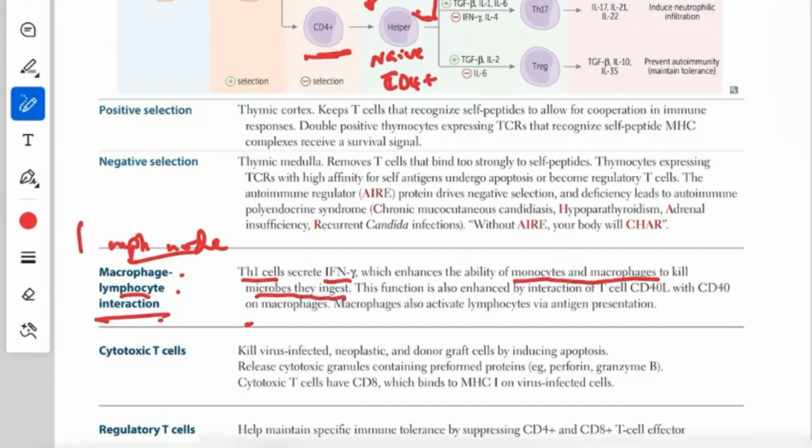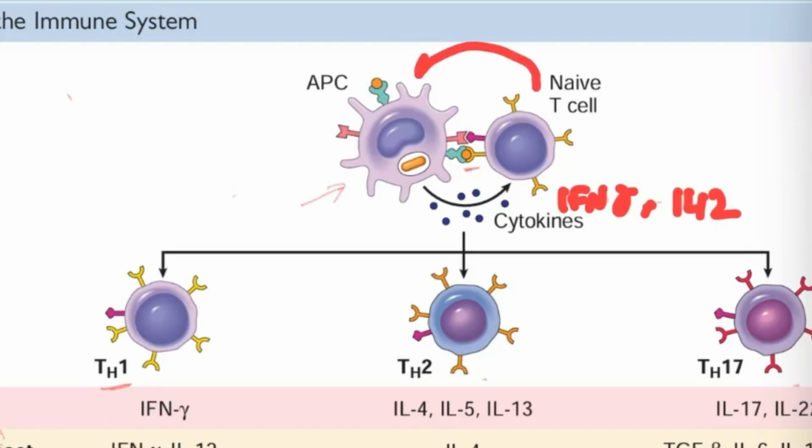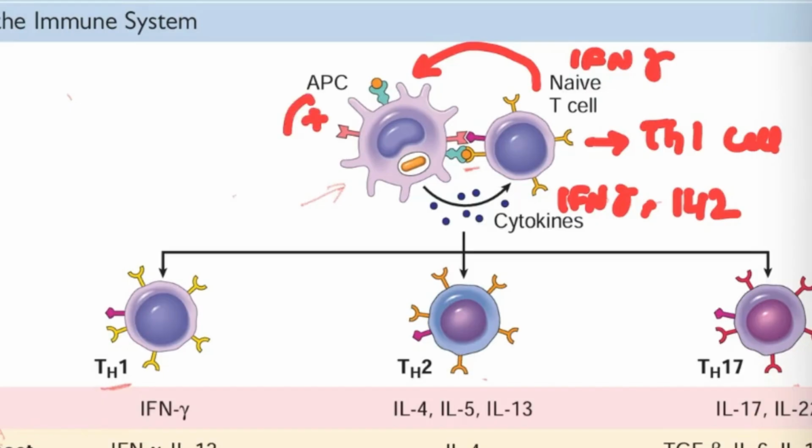All right. So if we go back to this diagram over here, if it produces this interferon gamma, or interleukin 12, then this one as well will go on when it becomes a Th1 cell. This Th1 cell will now secrete interferon gamma that will go on to activate this cell, the macrophage here in this case.